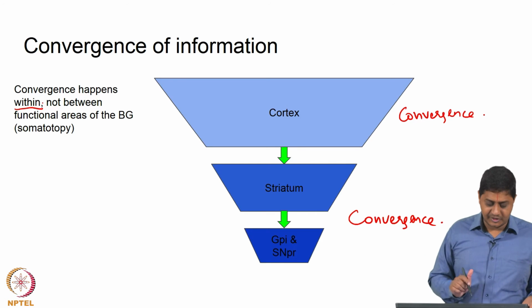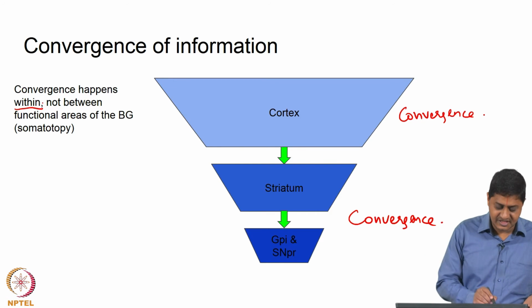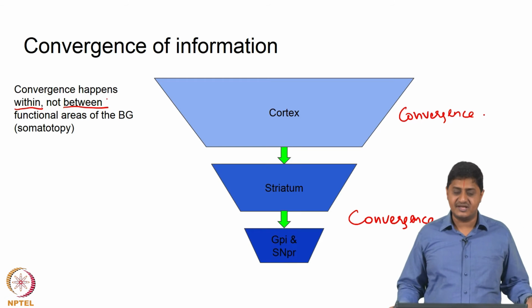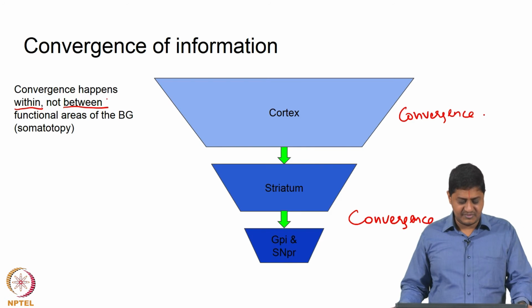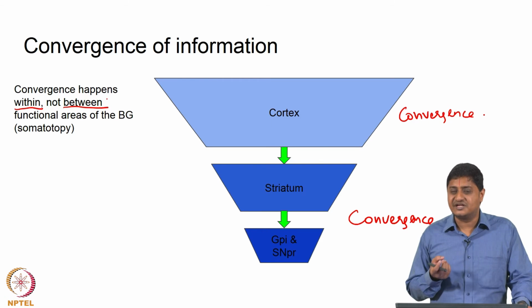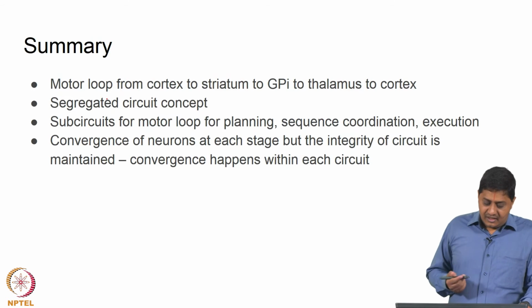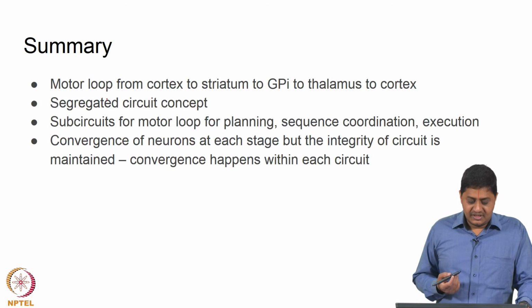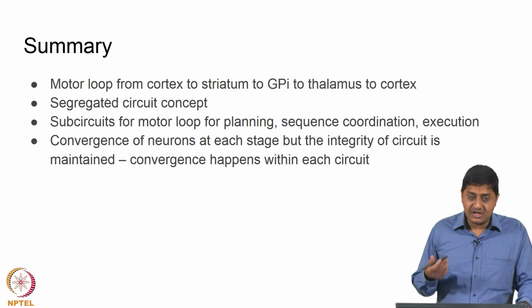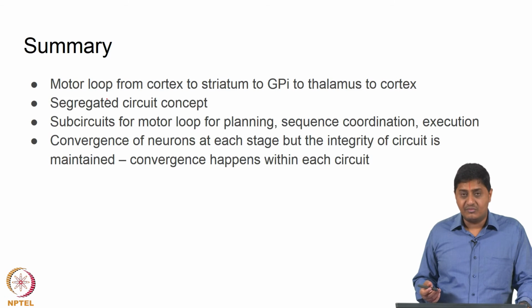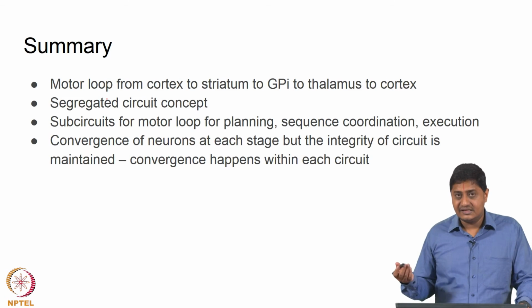This is an important point to remember. So, convergence happens within but not between functional areas of the basal ganglia, thus maintaining the segregation, maintaining the somatotopic integrity.